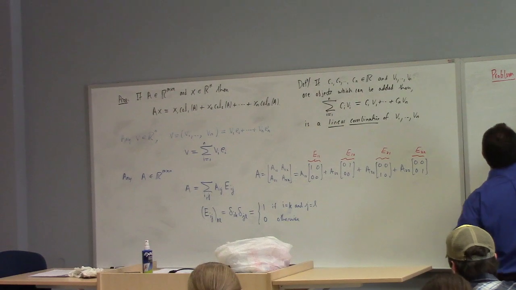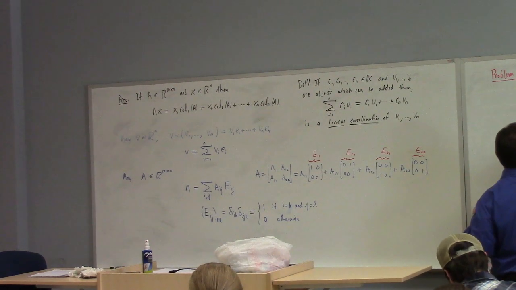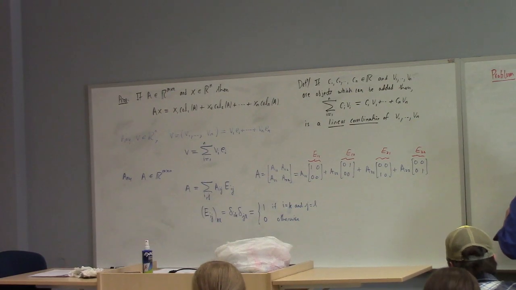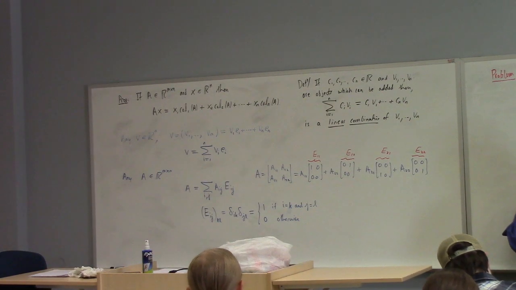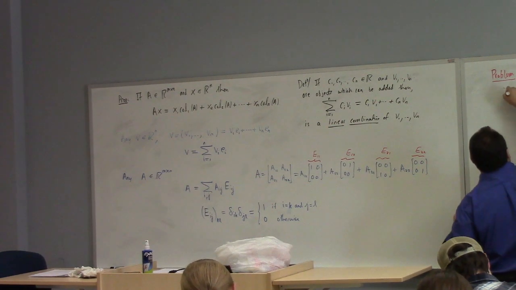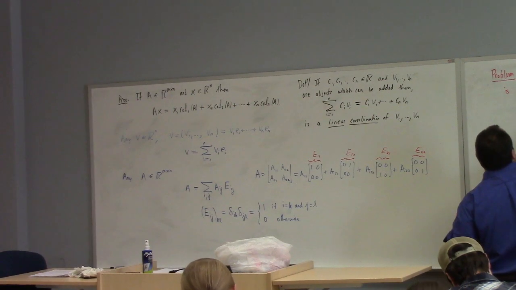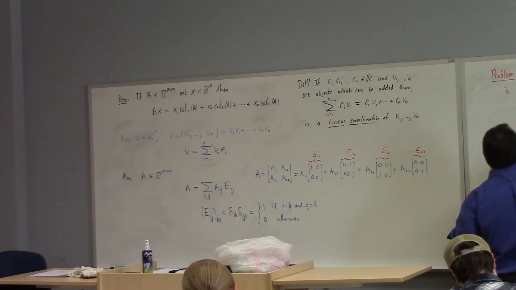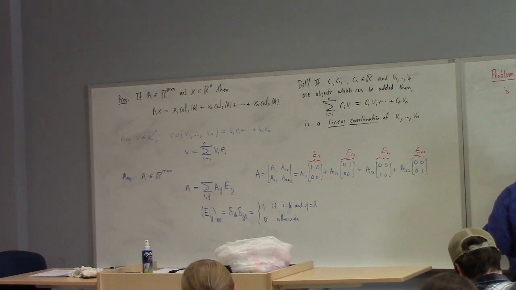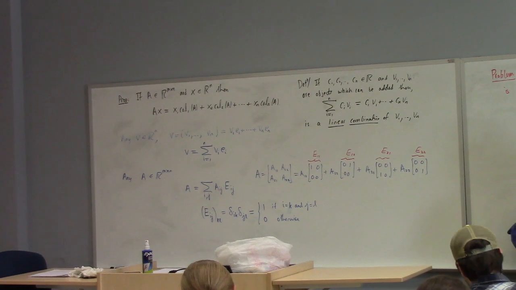Given, let's say v, an n vector, and let's say w1 through wk, also n vectors, is it possible to find v in the span of these w's?